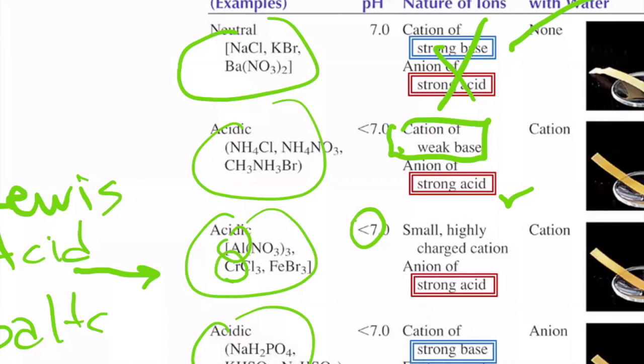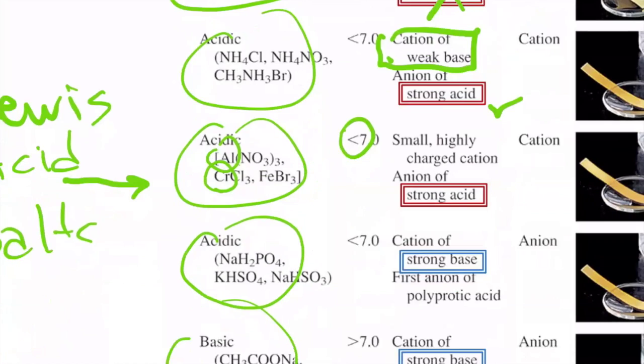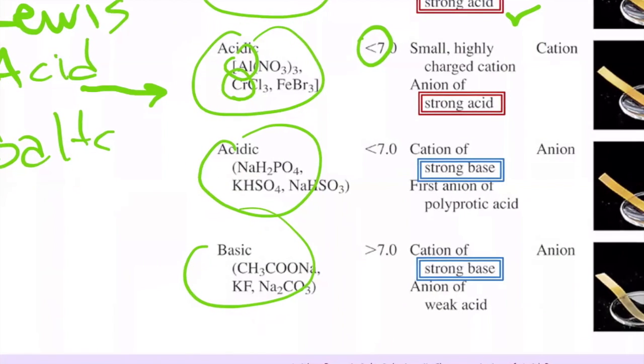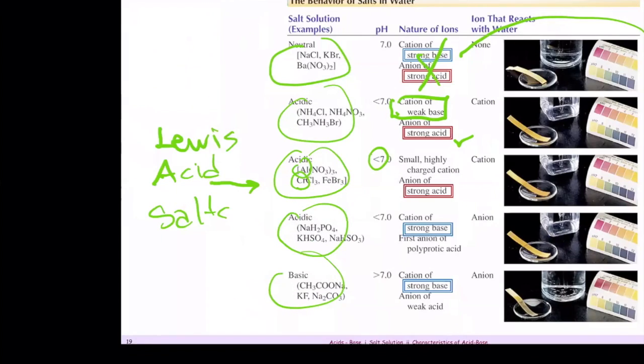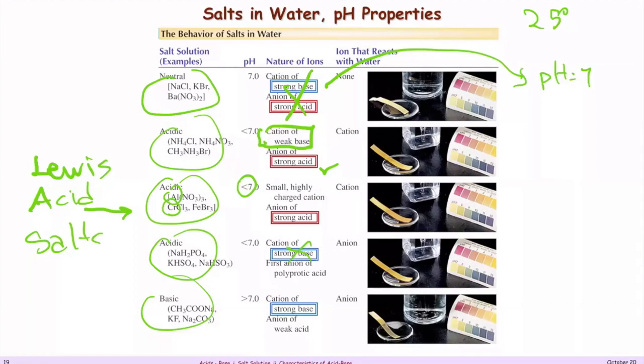Okay. Here, you can see that we have a strong base. And so the strong base is not going to influence the pH of the solution. It's the anionic portion that will influence the pH. And this, of course, right here, you have a strong base as well, and this has a conjugate of a weak acid.